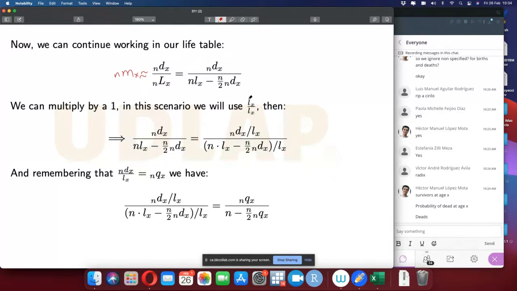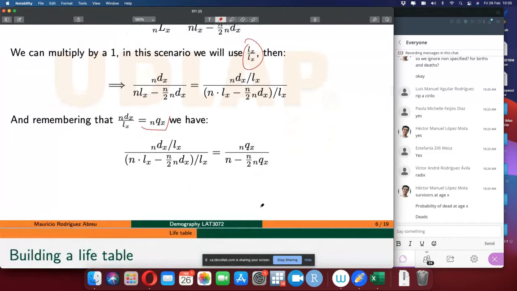When I multiply this expression using this one, I can split the Lx, having one here and another one here. And remember, number of deaths divided by survivors is my probability of dying. And down here, I just have this Lx going away with this. And then I have, again, the number of survivors down here, okay?